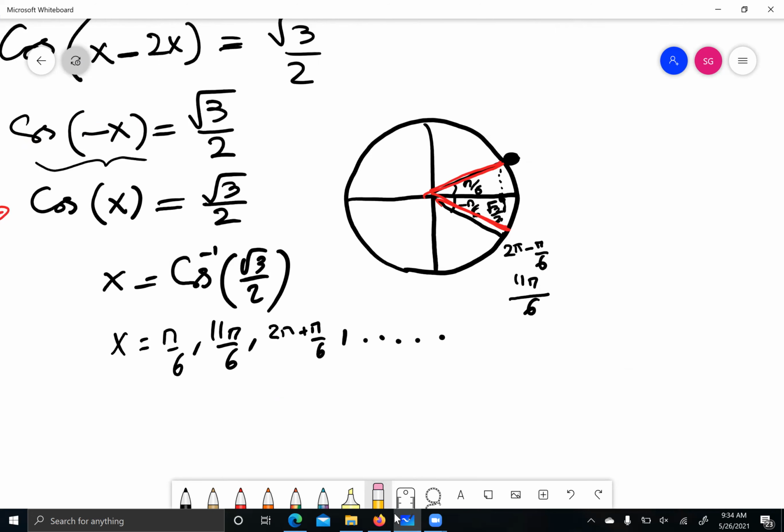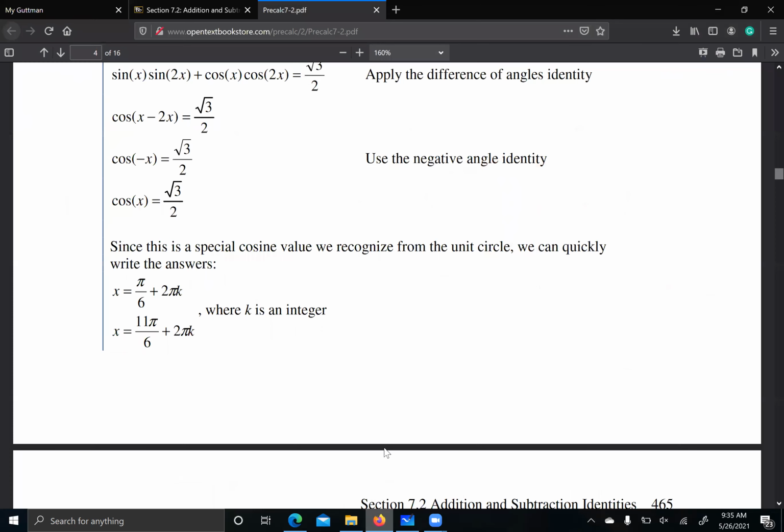So this is pi over 6 if it's on the first rotation, but then it could be in the second, third. So in general, we put 2k pi, depending on what rotation it is. And here, this is going to be 11 pi over 6 plus 2k pi, where k is an integer: 0, 1, 2.